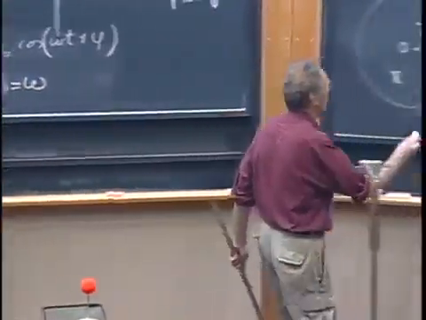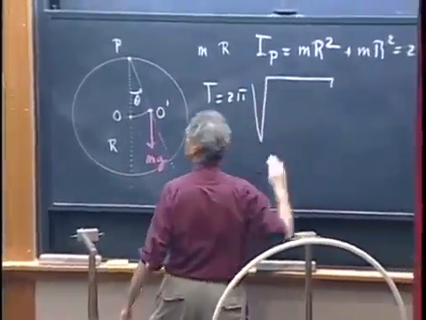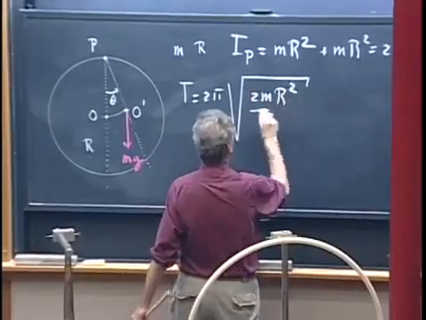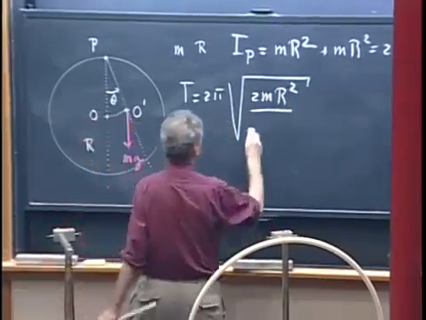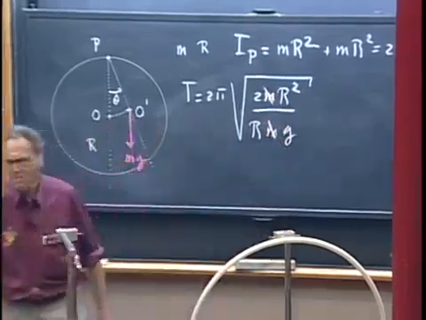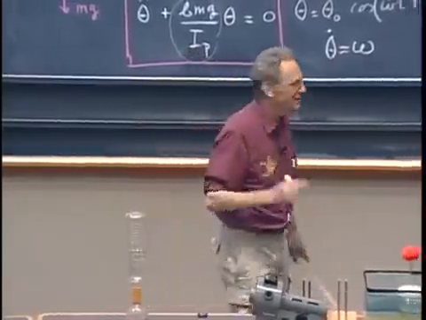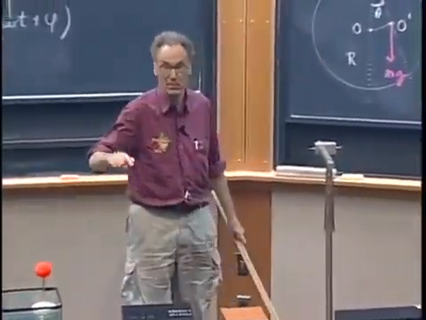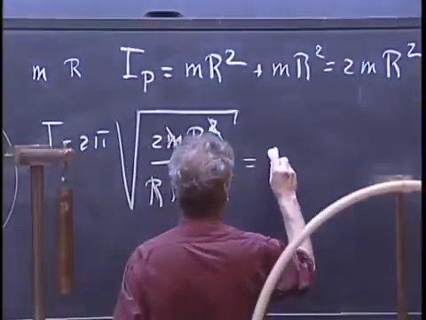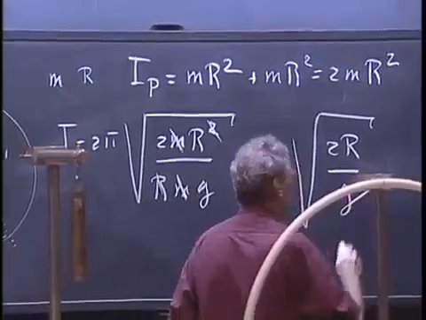So we come now with a prediction that T is 2 pi times the square root of 2MR squared divided by RMG. M goes. M always goes with pendulums. You never have to worry about M if you do it right. M always goes, not with springs, but with pendulums. One r goes, and so you get 2 pi times the square root of 2r over g.